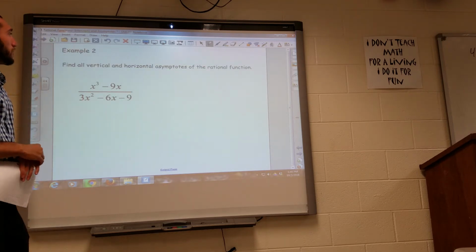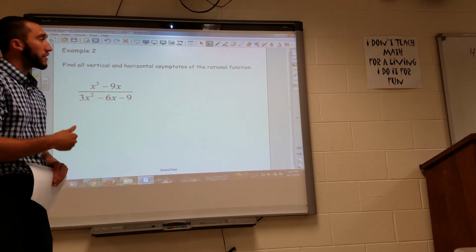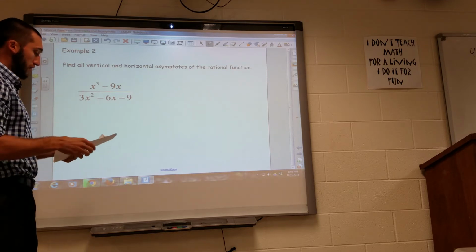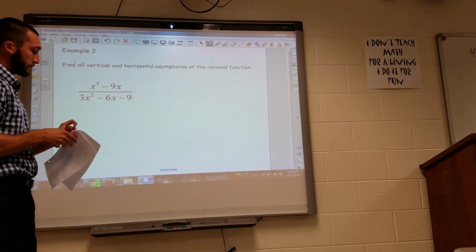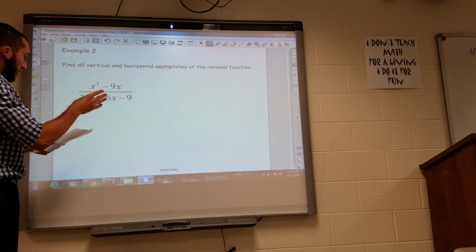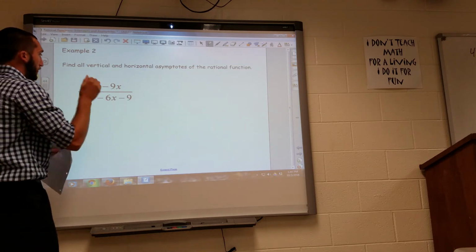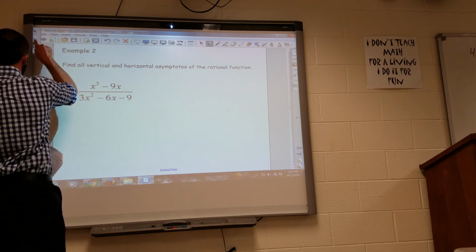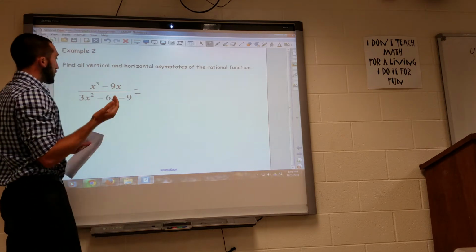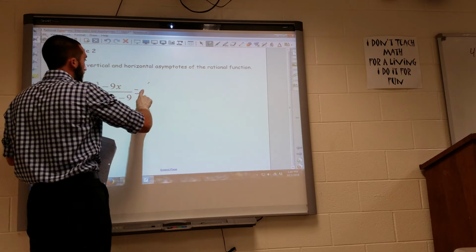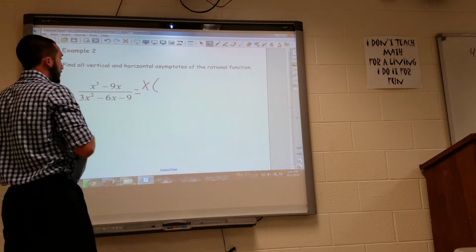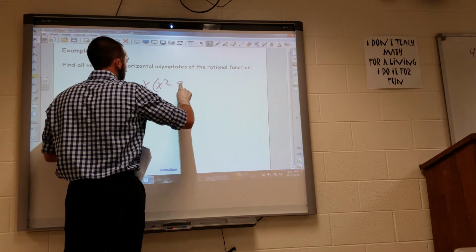So the next example, they just want us to find the vertical and horizontal asymptotes of the rational function. So again, I go back to my chart on slide 2, and first thing I have to do is factor. So the numerator has an x in common, and that leaves me with x squared minus 9.